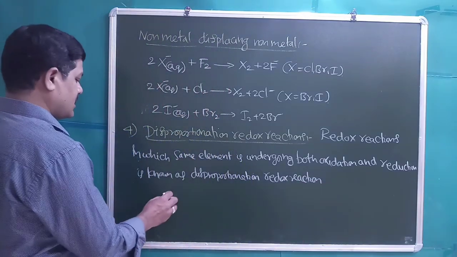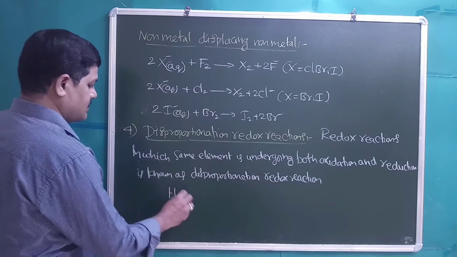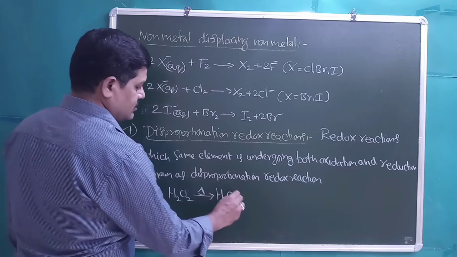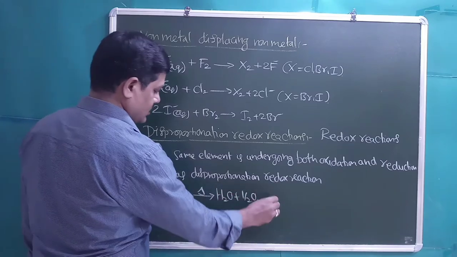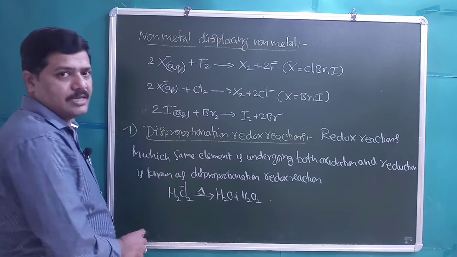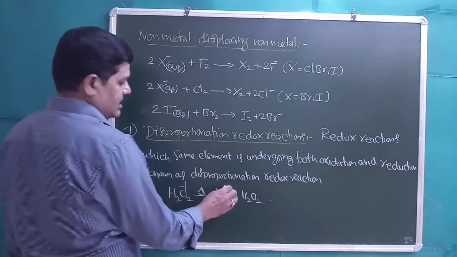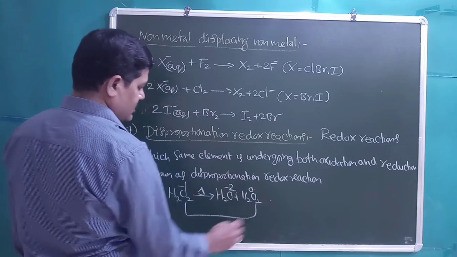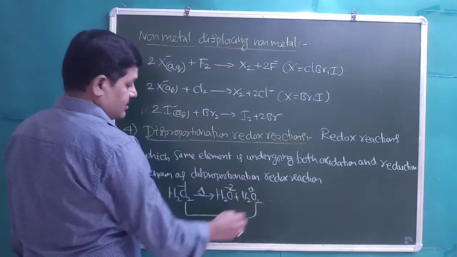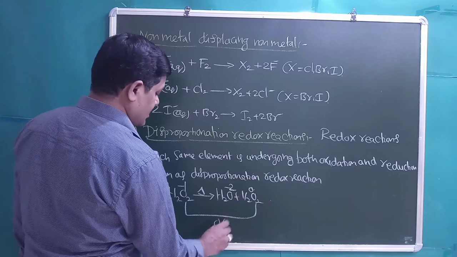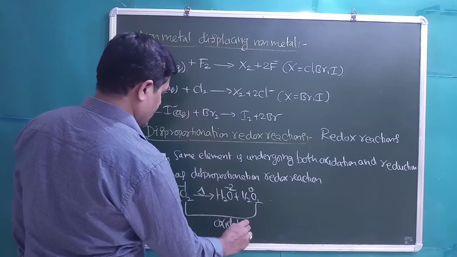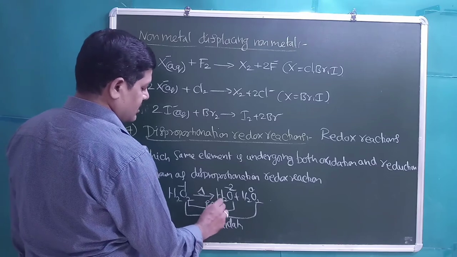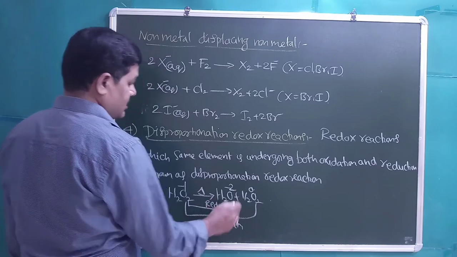Right, students, let us take one or two examples for this. H2O2 thermal decomposition will give H2O plus half O2. The oxidation state of oxygen is -1 here, -2 here, and 0 here. -1 to 0, an increase in oxidation number, is called oxidation. -1 to -2, a decrease in oxidation number, is called reduction, right?